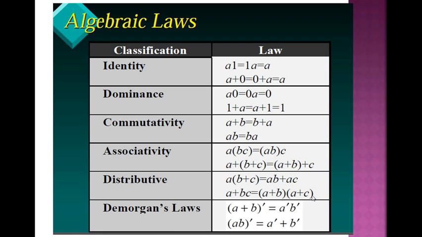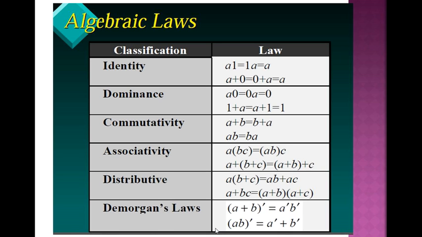Then next one is De Morgan's law. This is a very important law. (A plus B) complement: in this, the OR operation converts into the AND operation, that is A complement into B complement. It means the plus sign, the OR operation, is converted into multiplication, the AND operation, so (A plus B) complement equals A complement into B complement.